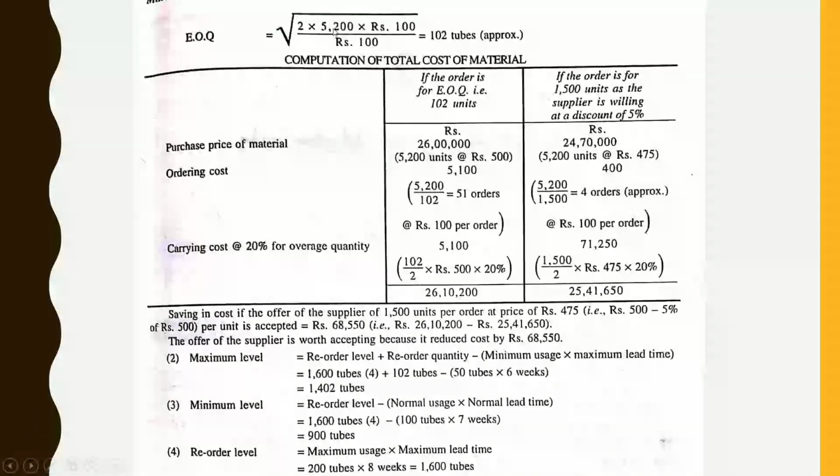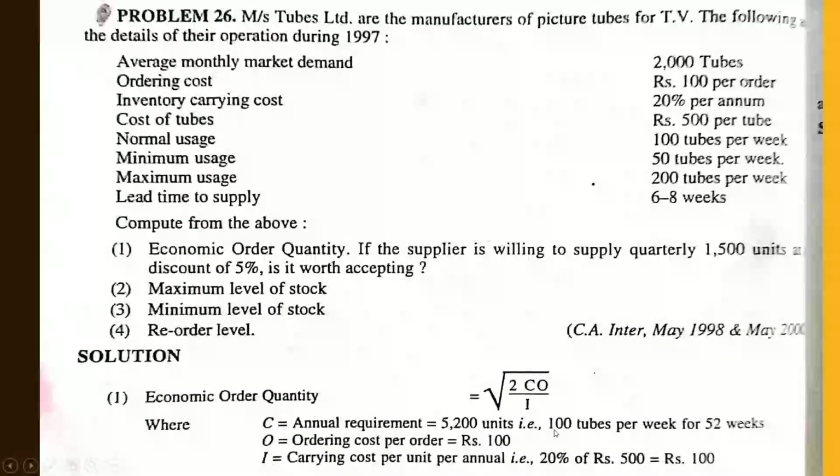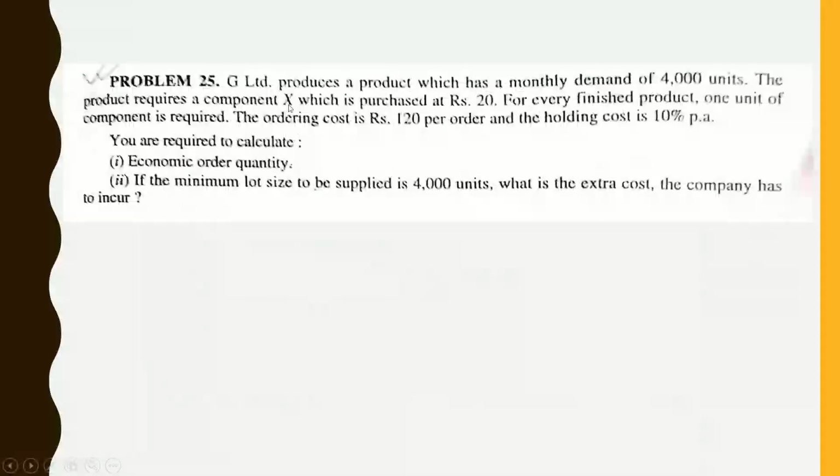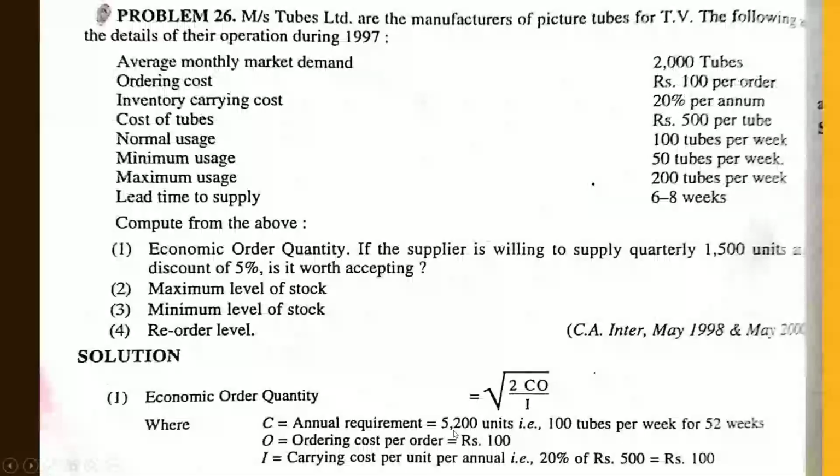So the economic order quantity is 102 tubes. Here you see annual consumption is 100 tubes per week. That means this 5,200 is in units. So the annual requirement is 5,200 units.